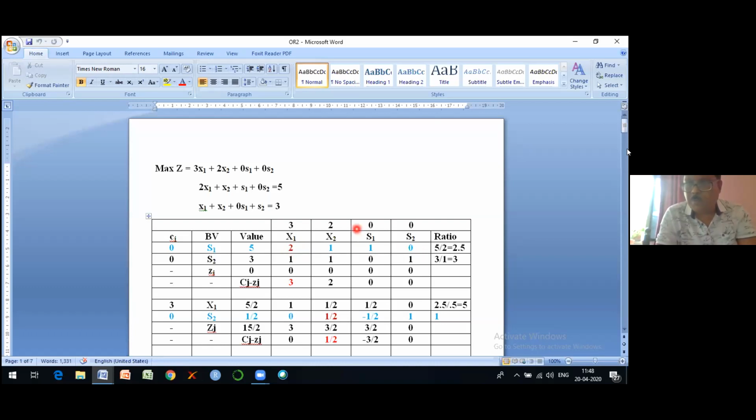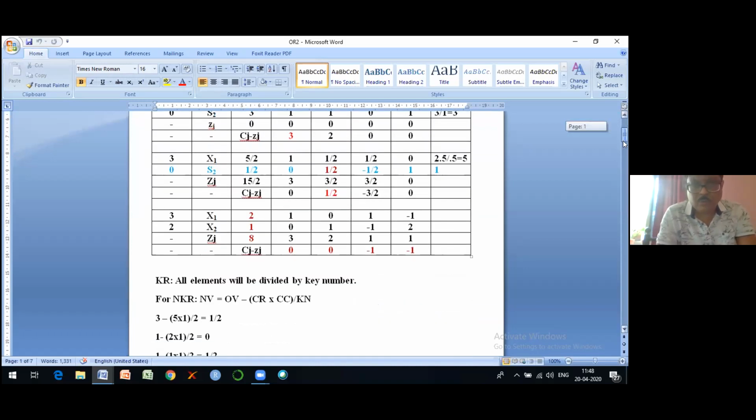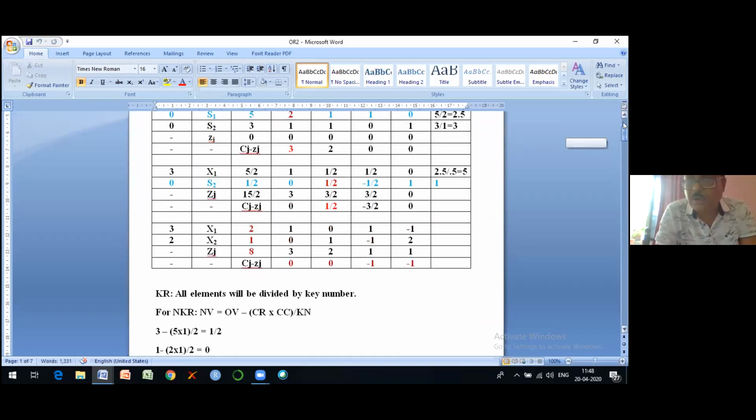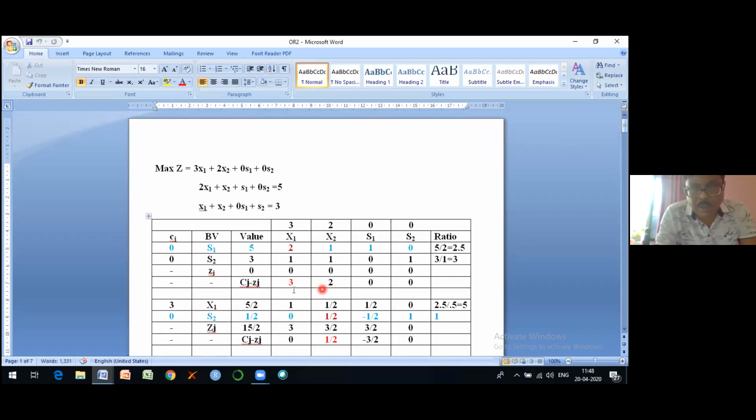So corresponding column we will write everywhere 2. Sorry, corresponding column is here 1. Corresponding column 1. Right. Here it will be 2, right?